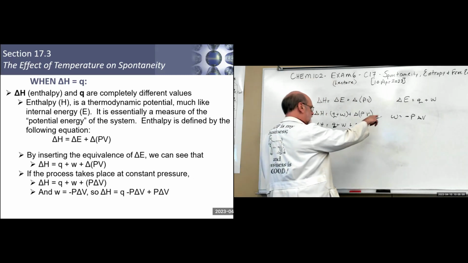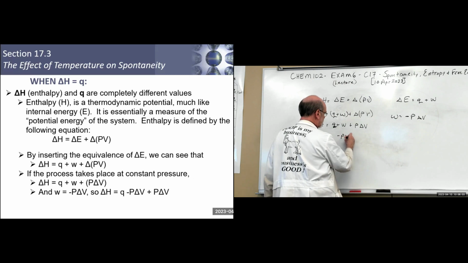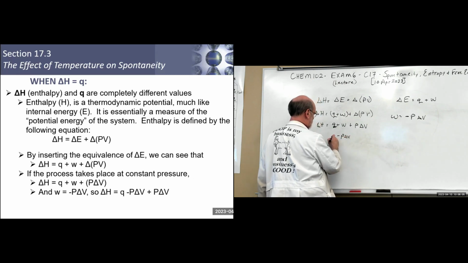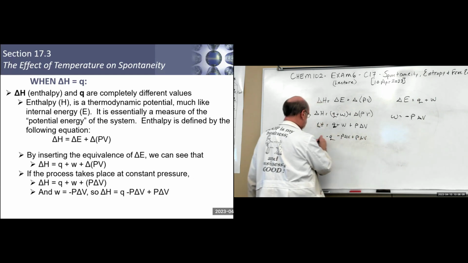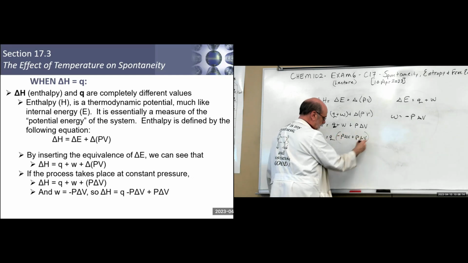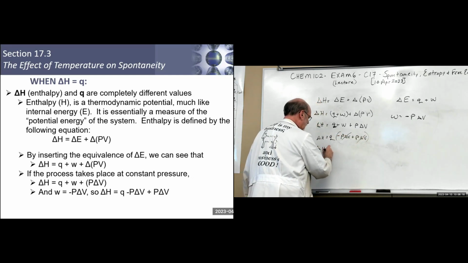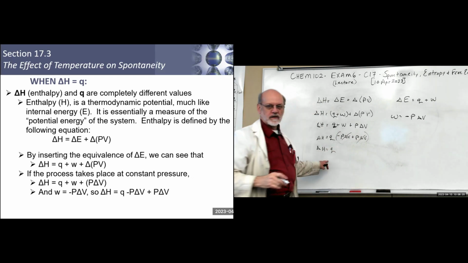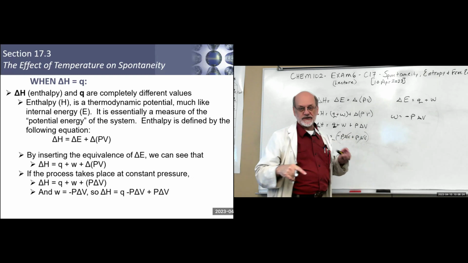But if we substitute that one in here, negative P delta V, then Q plus P delta V gives delta H, and these two cancel one another. And that says that enthalpy and Q are equal only if pressure is constant.